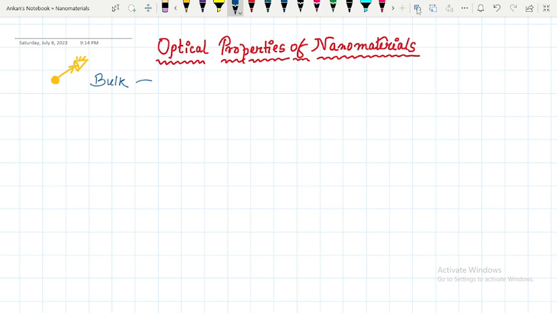If I give you an example, it will be easier to understand. Take an example such as gold. You all know that bulk gold appears to be yellow in color.